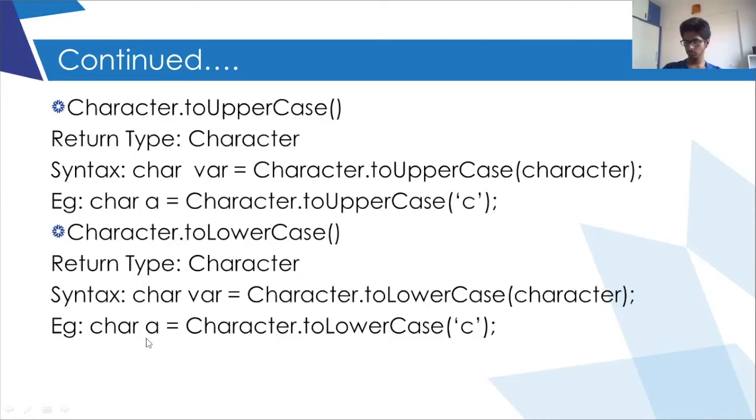That's it. toUpperCase is used to convert small letters into capital letters, and the toLowerCase function is used to convert capital letters into small letters. Any query?